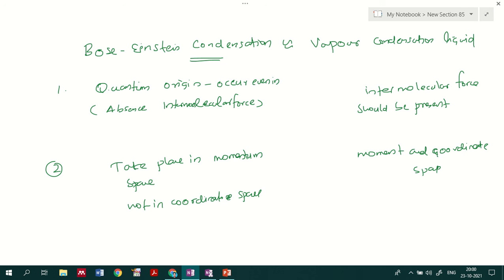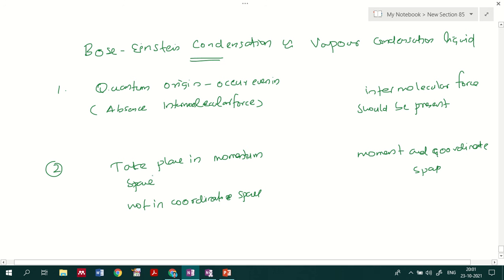That's why Bose-Einstein condensation is more important compared to vapor condensation: it is of quantum origin and can happen in the absence of intermolecular force as well, but vapor condensation cannot occur in the absence of intermolecular force. An intermolecular force should be present for vapor condensation.